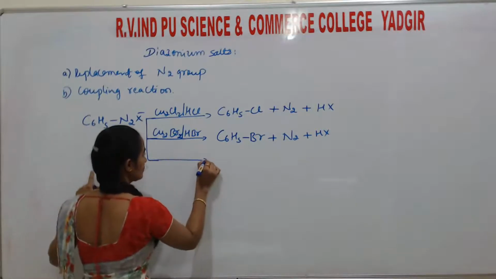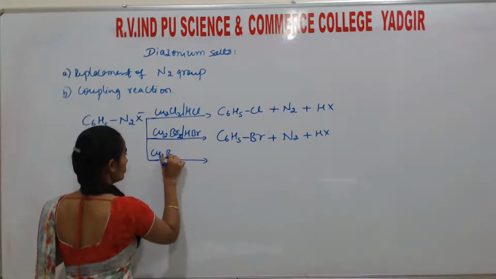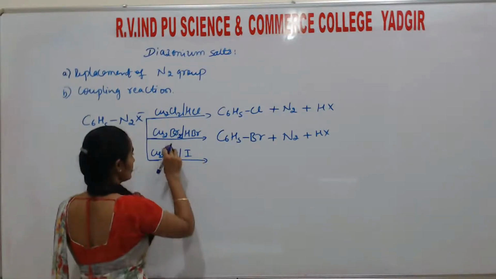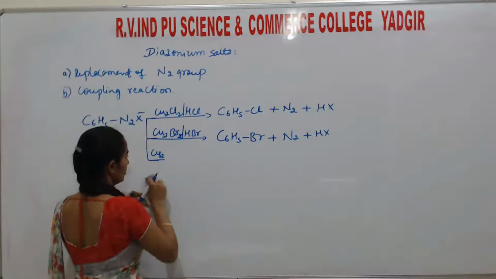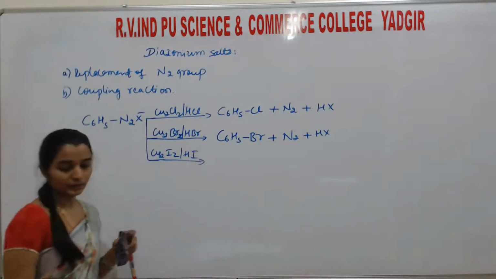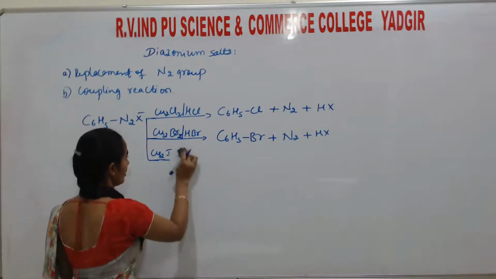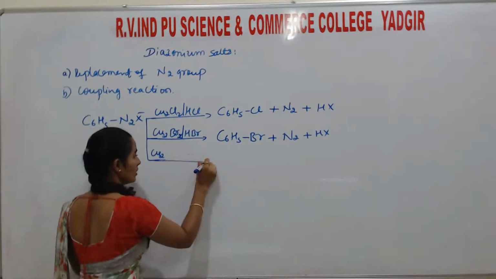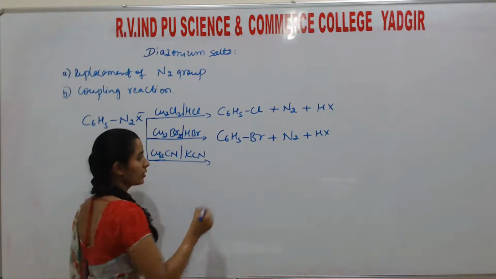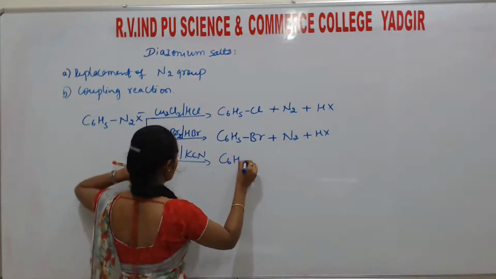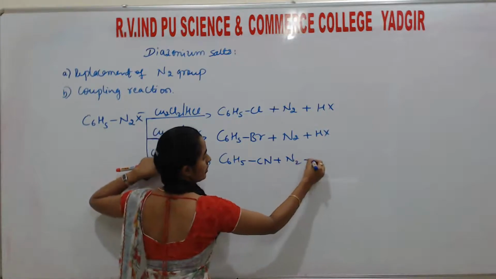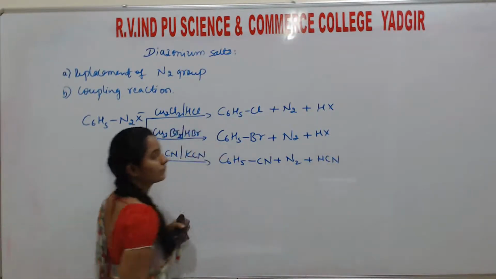Next, if you take Cu2I2 and HI, I will not get anything. You take Cu2CN in presence of KCN. What will you get? C6H5 replaced by CN, plus N2 plus HCl.